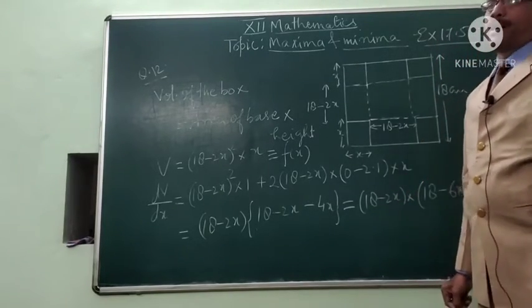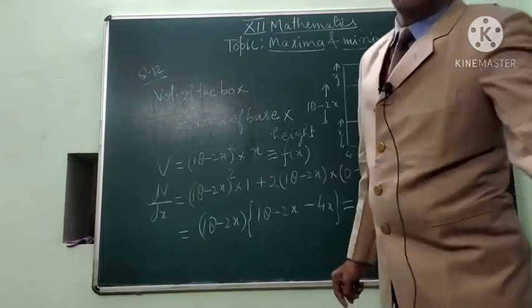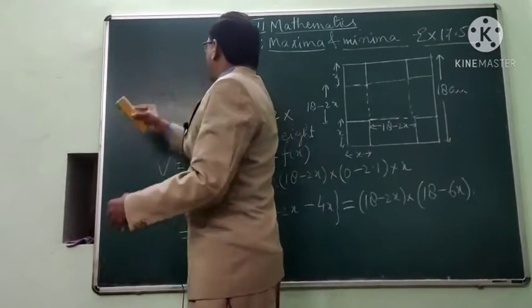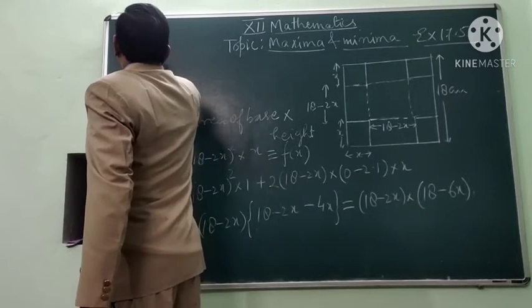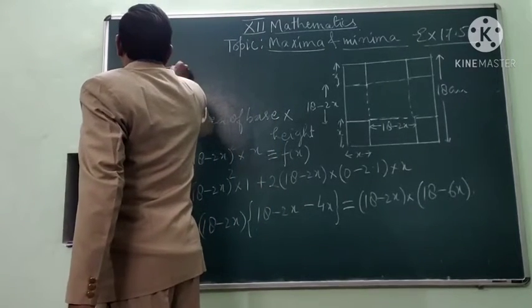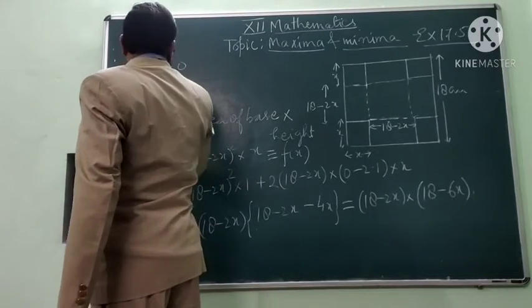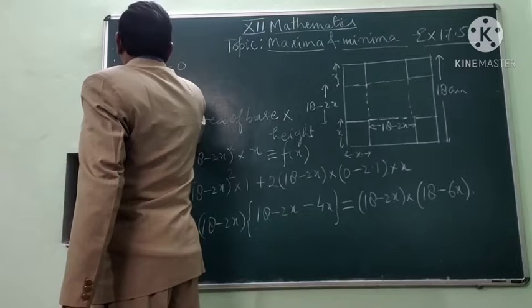For maxima and minima, the first order derivative is 0. So dV over dx is 0. Therefore, we will get two values of x.